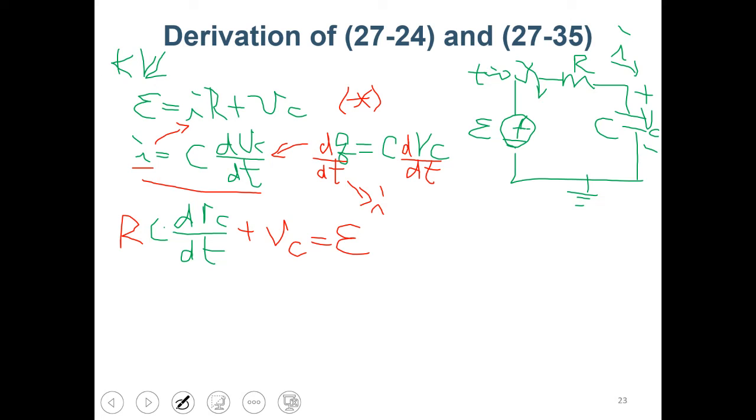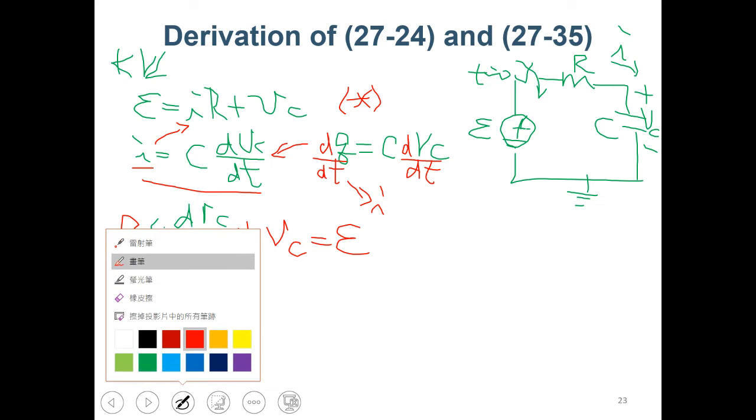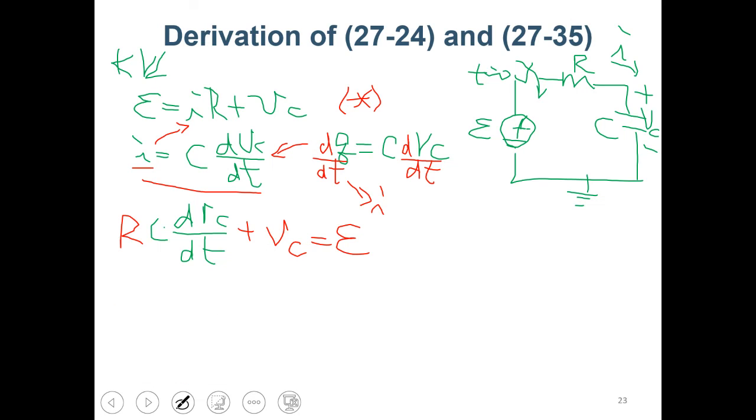So in this case, we just substitute I equals C dVC/dt into the star equation, and then we can multiply by 1 over RC, so RC cancels.